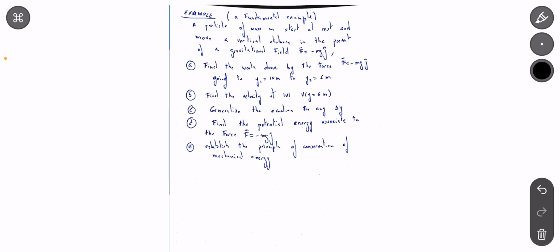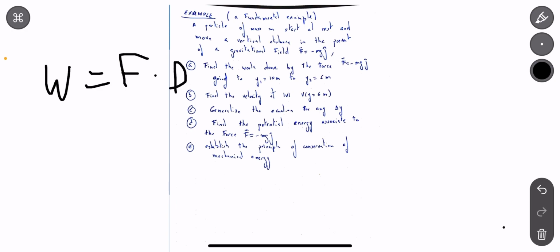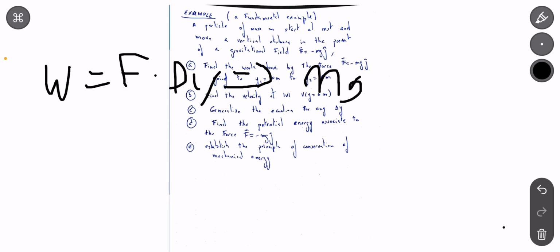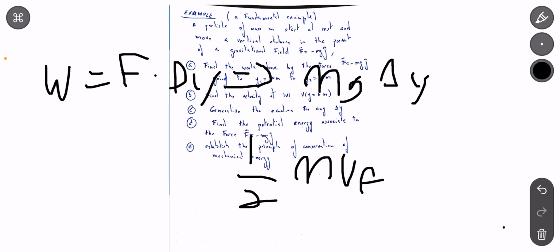So when we look at C here, W equals force times dy, which eventually just turns into mgy, which then turns into 1/2 mv final squared, which is the kinetic energy, or the work that we were originally talking about.